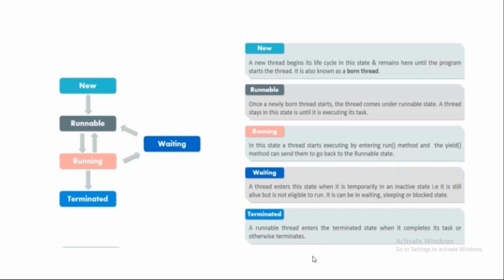In between, you can also go to the waiting state. Waiting is a little tricky. Waiting is, it is assigned a task, but it is waiting for something. Waiting can be a timed waiting. Maybe in the code they have put Thread.sleep, so it might be in the sleeping or timed waiting state, or it can be because of a blocked thread.